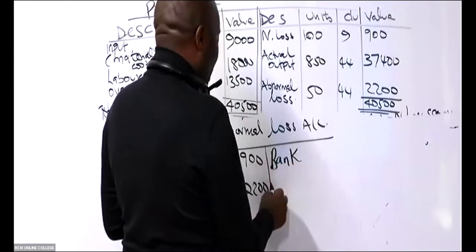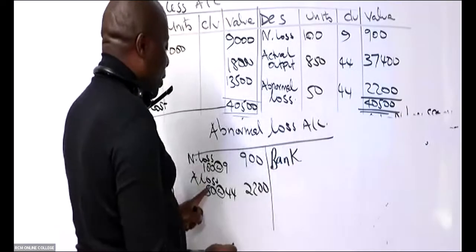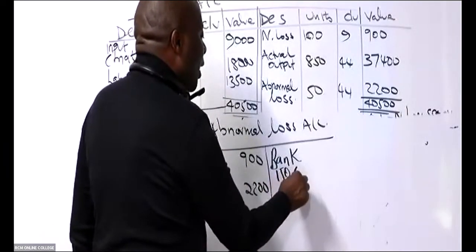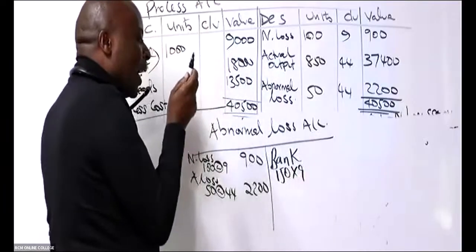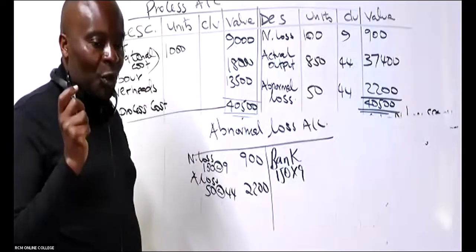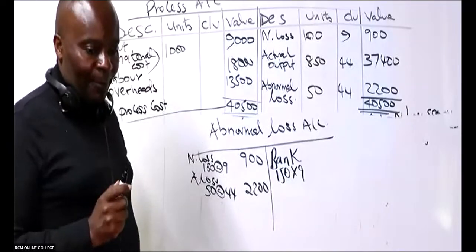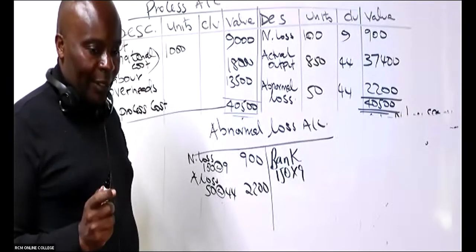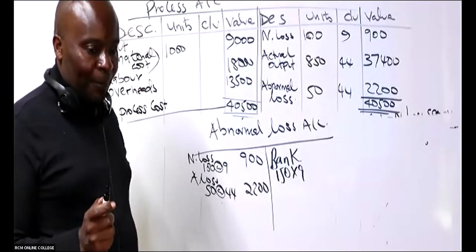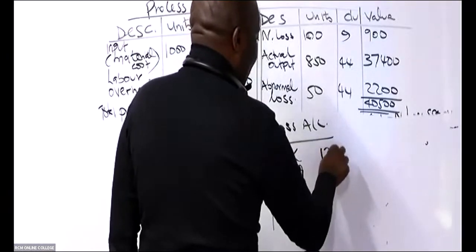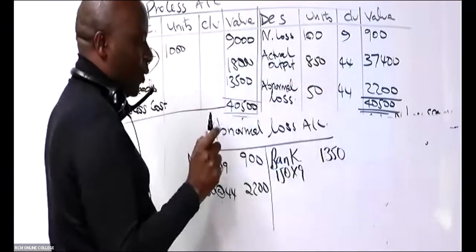The total here is 150 units. Don't forget to scrap them at the scrap value given. So 150 times 9. I'm being given a figure of 1,350.